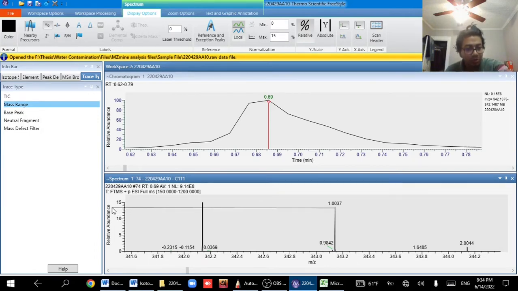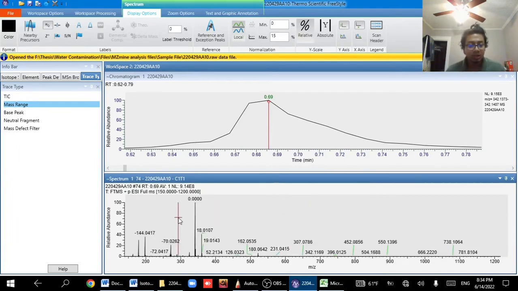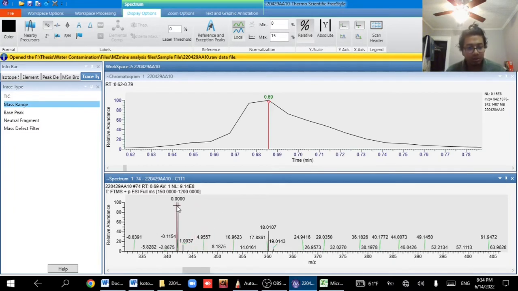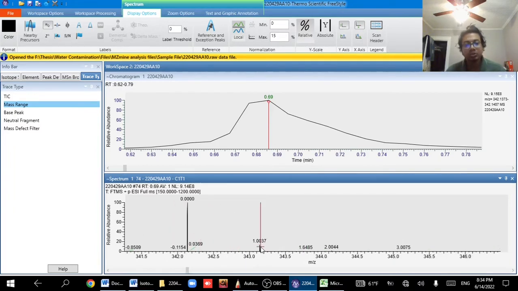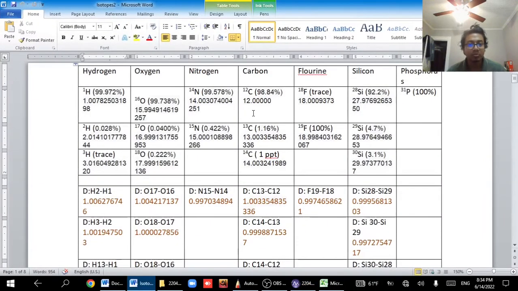It's almost 13.5, right? 13.5. It should not be taken as exact, it can go up and down, of course. So this peak at 1.0037 is 13.5, and now you need the natural abundance of carbon-13, which is 1.16.